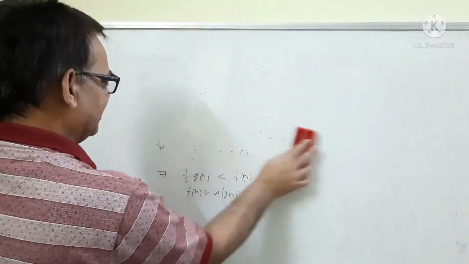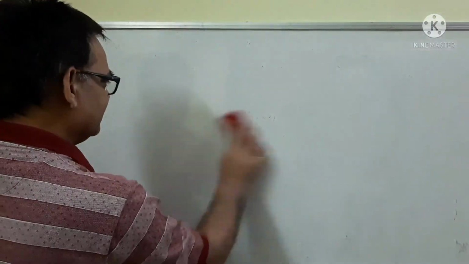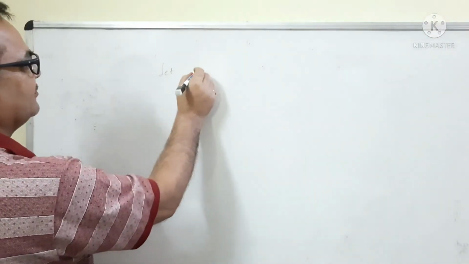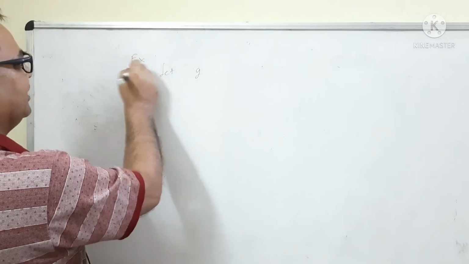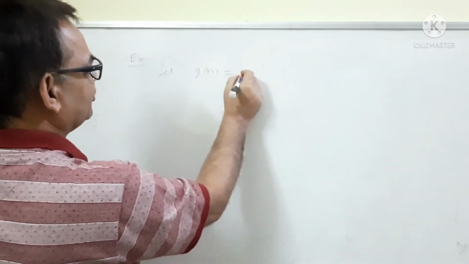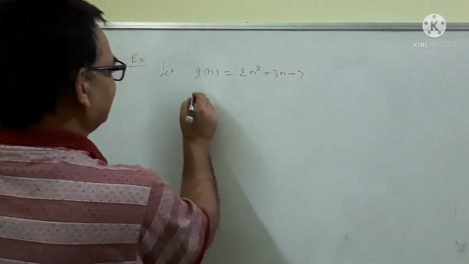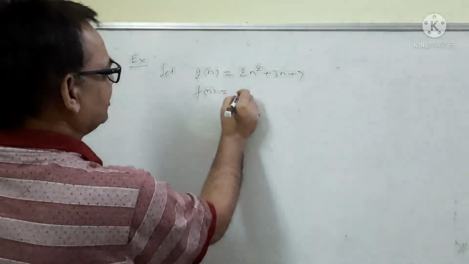Now let us take an example. Let g(n) is equal to 2n square plus 3n plus 7 and f(n) is equal to n square.